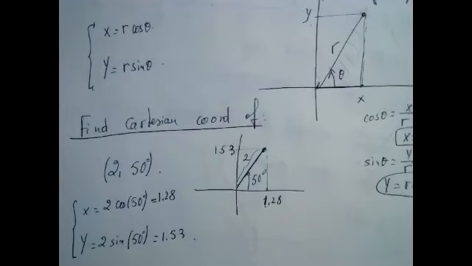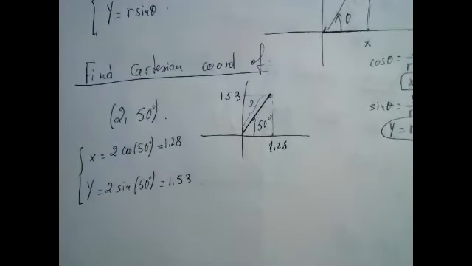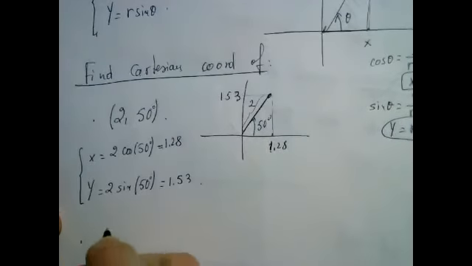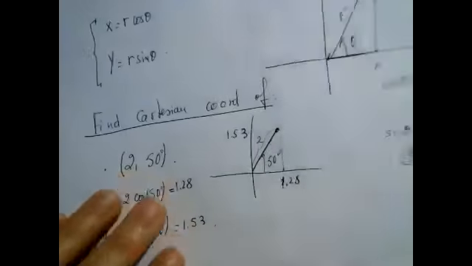Now, another example, but now I want the exact value, just to bring up some old things we know. Let me take another piece of paper. The same question, I'm going to give you the polar, you have to give me the Cartesian, but now I need exact answers.